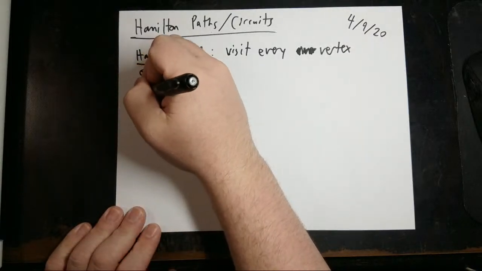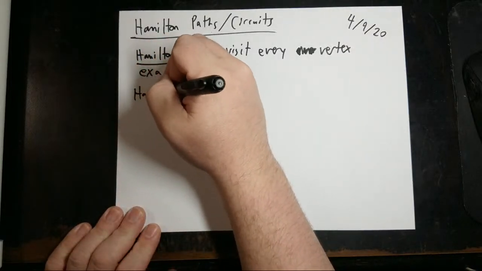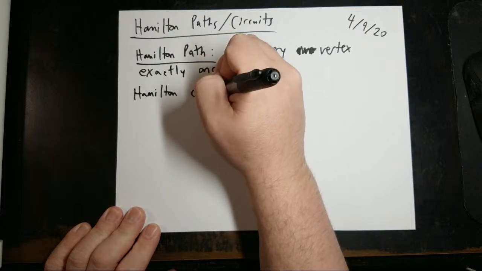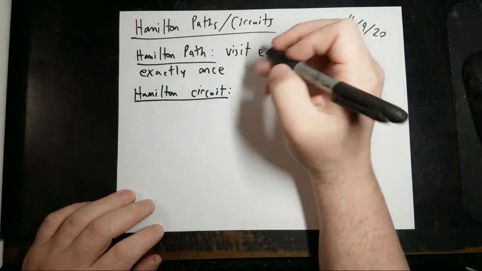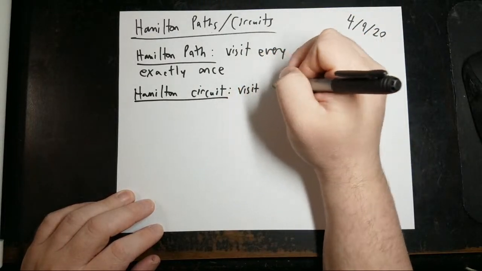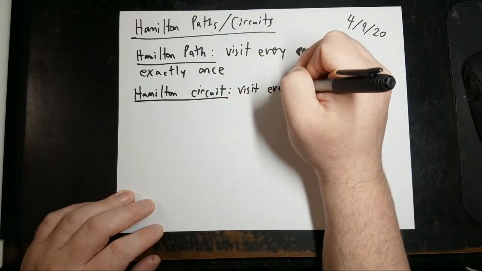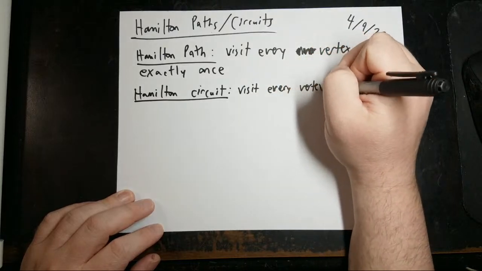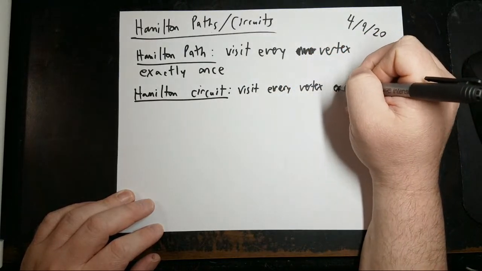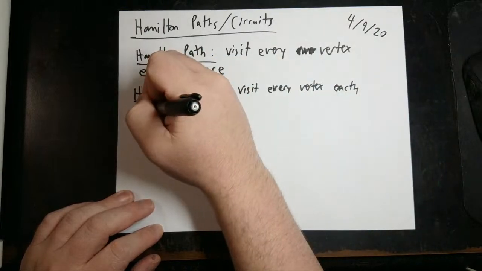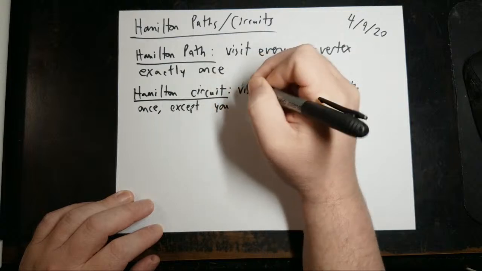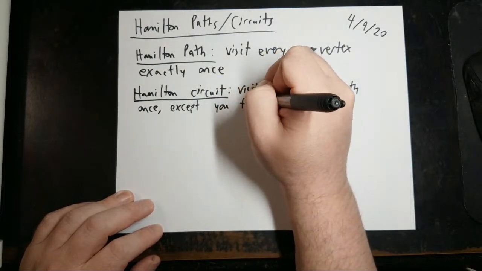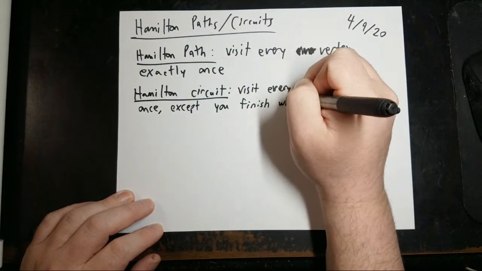For it to be a Hamilton circuit, and this is what we're going to mainly be focusing on today, you visit every vertex exactly once, except you finish where you started.